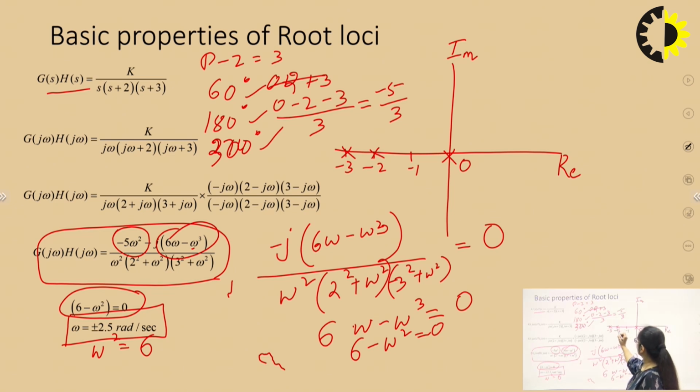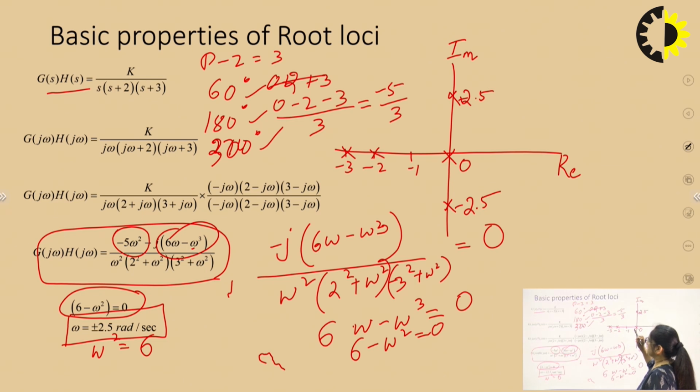So it comes at this point, and therefore these are the points, plus 2.5 and minus 2.5, where the intersection at the real axis on the imaginary axis occurs. Okay.